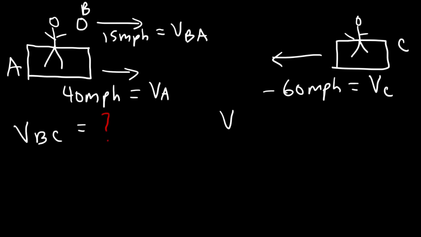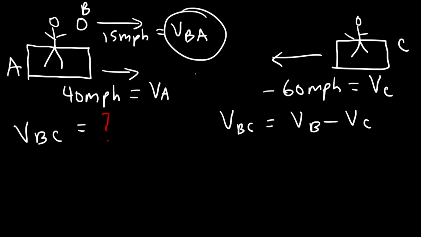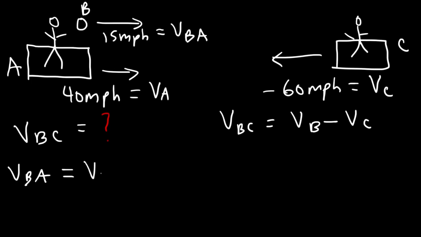In order to find the velocity of the ball with respect to car C, we need to use this equation: VB minus VC. Now we have VC, but we don't have VB, so we need an equation that relates VBA with VB. VBA, the velocity of the ball with respect to car A, is the velocity of the ball with respect to the earth minus the velocity of car A with respect to the earth.